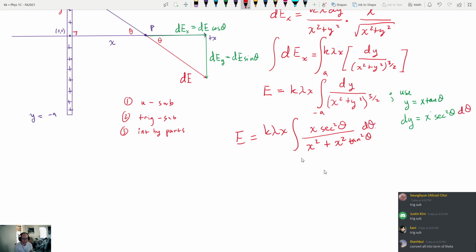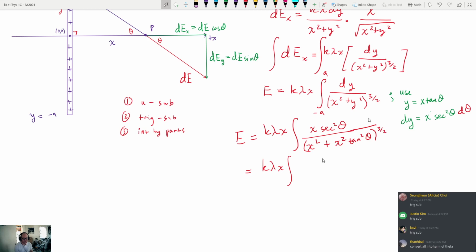And then we'll deal with the limits in a second. I'll put the limits on at the end. So it's going to be k lambda x integral, and now this whole thing, and I'm being super sloppy because we're running out of time. I really shouldn't be. So sorry. This to the 3/2 power.